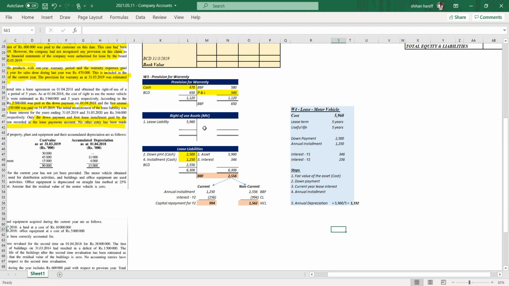Depreciation. So we can directly credit that to the right of use asset as depreciation, and net value can be transferred to the statement of financial position. 1,190. This is profit and loss.